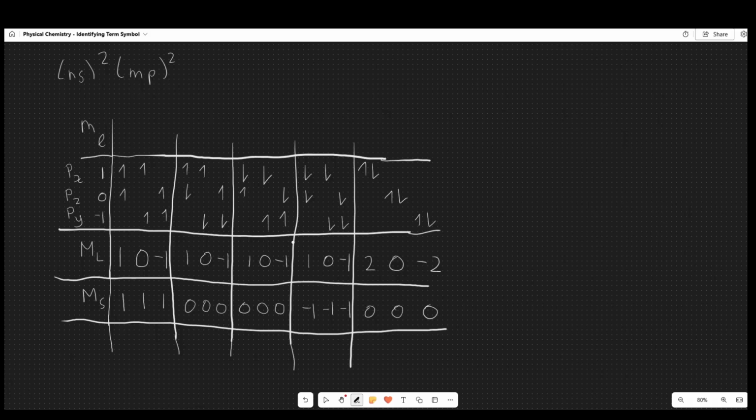Now that we have all this, we want to figure out what the different term symbols are. As I was talking about, if L is 0, then the only value it could be is 0. Grouping wise, if L equals 1, we have -1, 0, 1. If L equals 2, we have -2, -1, 0, 1, 2. We basically want to group these different possibilities into these. Let me use different colors now.